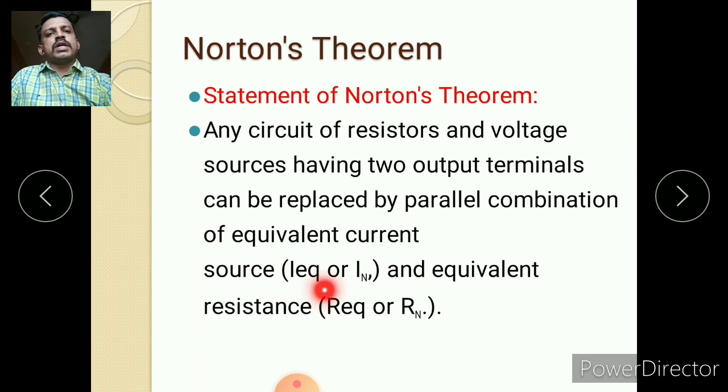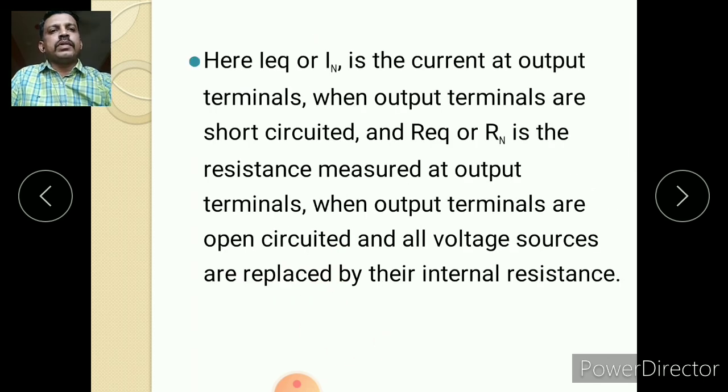IEQ or IN is the current at output terminals when the output terminals are short circuited, and REQ or RN is the resistance measured at the output terminals when the output terminals are open circuited and all voltage sources are replaced by their internal resistance.